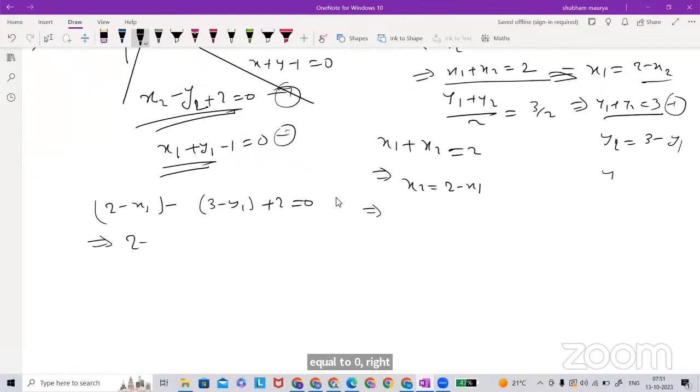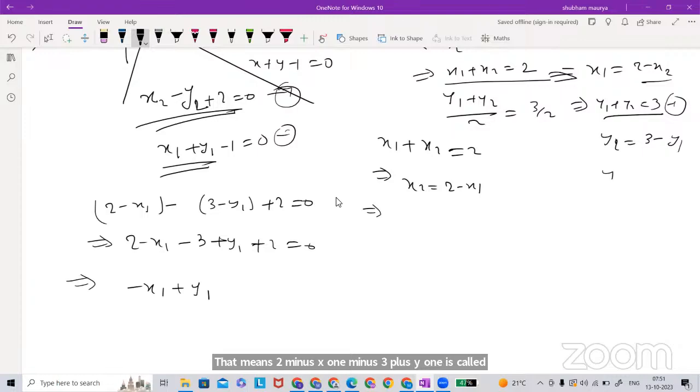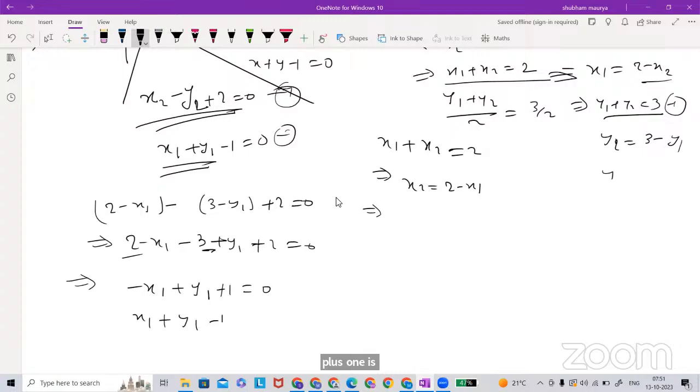That means 2 minus x1 minus 3 plus y1 plus 2 is equal to 0. So finally, minus x1 plus y1, this is minus 1 and this plus 2 becomes plus 1, is equal to 0. So finally, we have x1 plus y1 minus 1, this equation we already have, which is 0. Now we can solve this one.